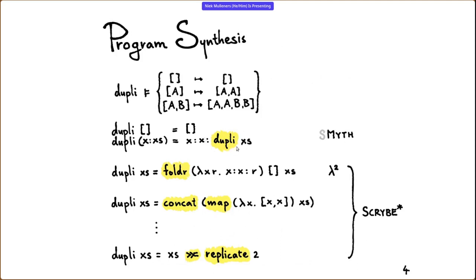Scribe would technically be able to implement the structural recursion one, but we have not allowed structural recursion in Scribe because we're focusing on having extra functions, having a greater context of functions to use.